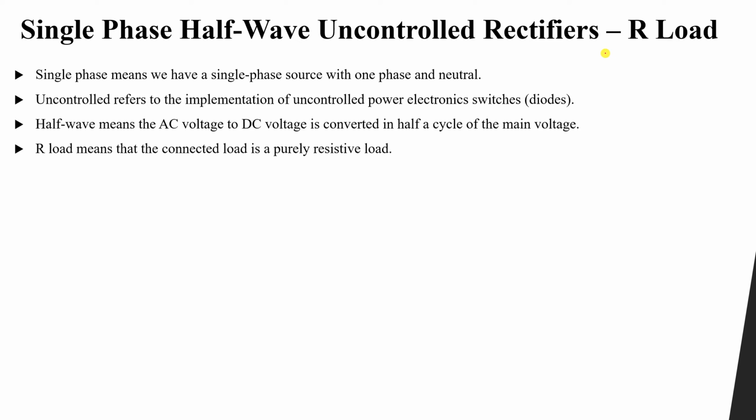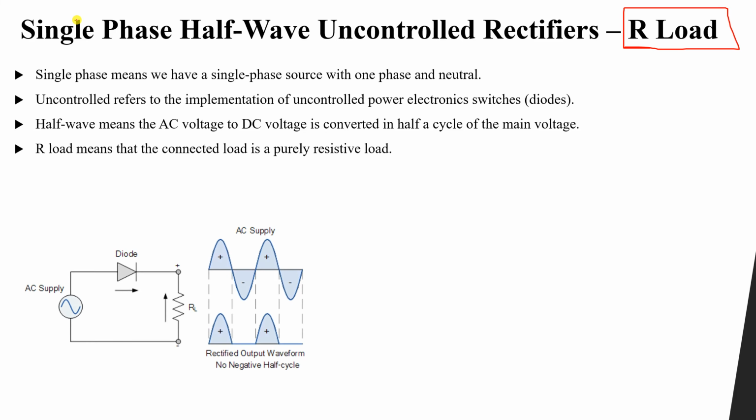Number four, what does R load mean? It means that our single phase circuit is connected to an R load, a purely resistive load. So let's translate all of these sentences into just one diagram. Number one, single phase: a single phase AC source.